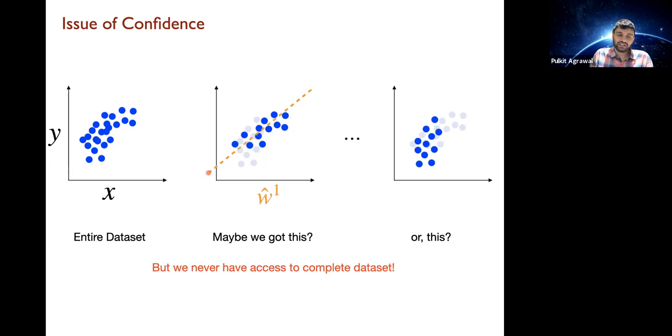Now, suppose I got this data set and I learn a predictor from X to Y, maybe I end up getting W hat 1. But if I got this data set, the kth one, then my estimator is W hat K. So depending on the data set I get, my estimators can be different.